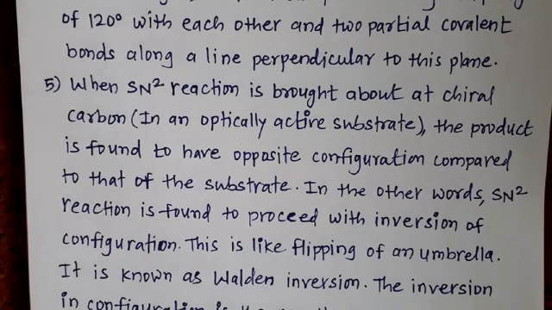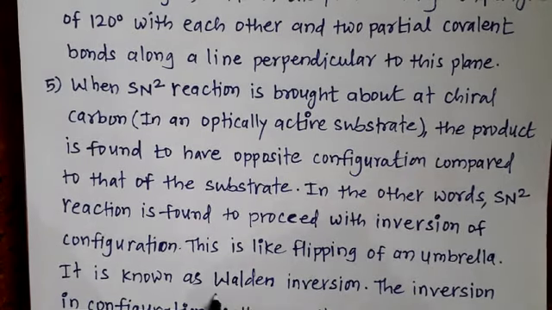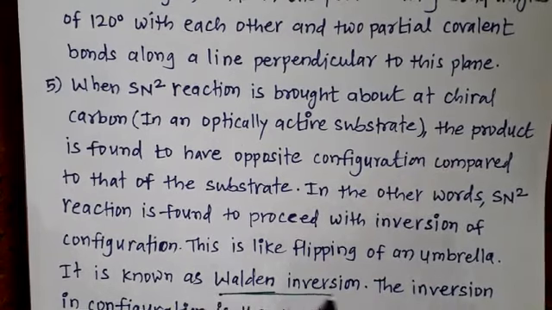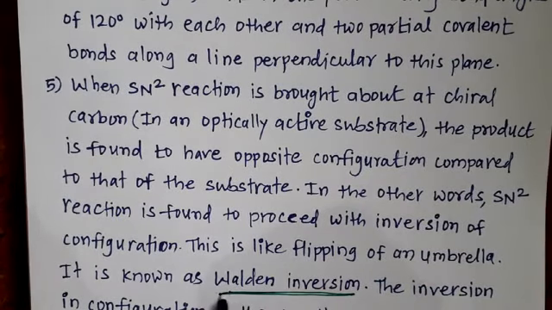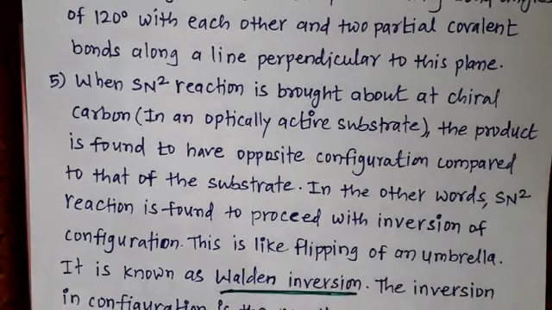But here the attack is from the backside of Br minus, hence inversion of configuration takes place, and this inversion of configuration is called Walden inversion. This inversion of configuration is known as Walden inversion.